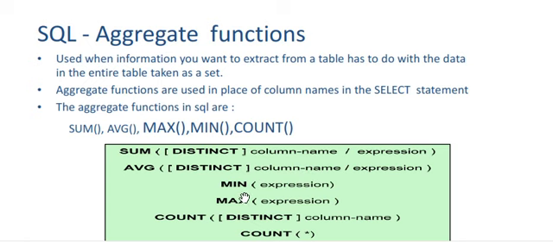And if you want to retrieve the minimum value in a particular column, for example the minimum marks in a particular subject out of a class of 60 students, I'll specify min of marks. It will give me the minimum marks scored in that particular section. Max will give you the maximum marks scored in that particular section.